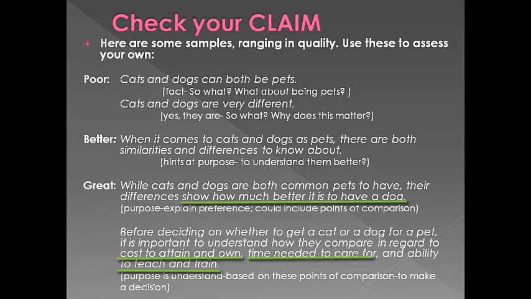Now this one, the purpose is not to explain the preference, but to understand them better, and it's going to do so based on these three points of comparison, possibly to eventually make a decision. So in both of these great examples, we have a purpose. It's very clear. The first one is to make a decision, or to show why I've made that decision, and the second one is to increase understanding, and that one includes the points that it will be talking about.